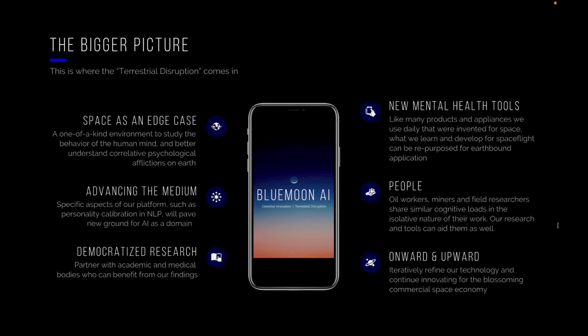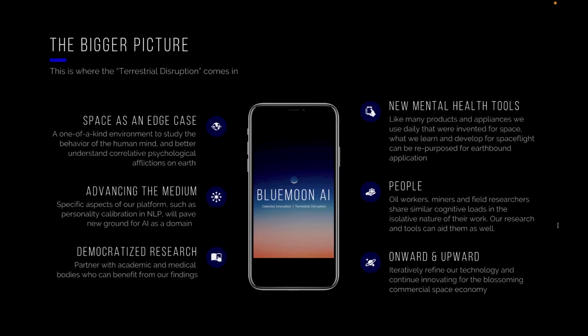I mean, these are new experimental approaches that can be deployed for this new exciting use case. You can democratize the research. You'll get, especially with something like this, a plethora of findings and observations that can be propagated across many institutions and bodies. New mental health tools, which is one of the most important elements of it as well.